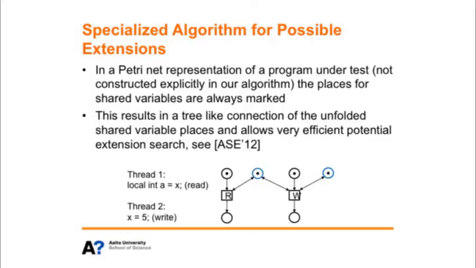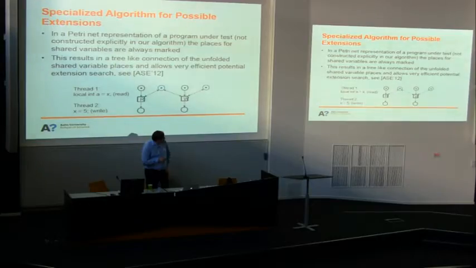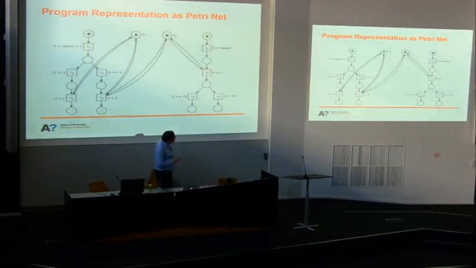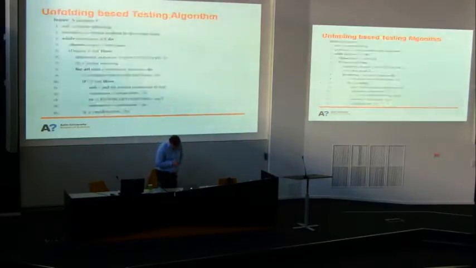The reason it works better is because we have a specialized structure. The Petri nets we have actually have places that are always marked, so the token never leaves. This is a funny looking Petri net because that place will always have a token, right? And we use this special structure in the algorithms for the possible extensions.